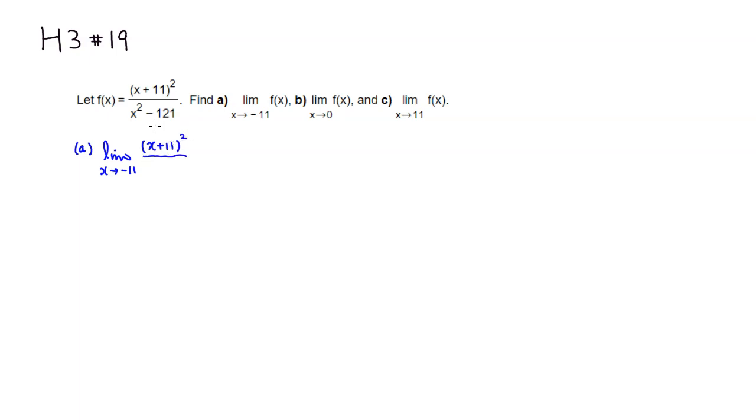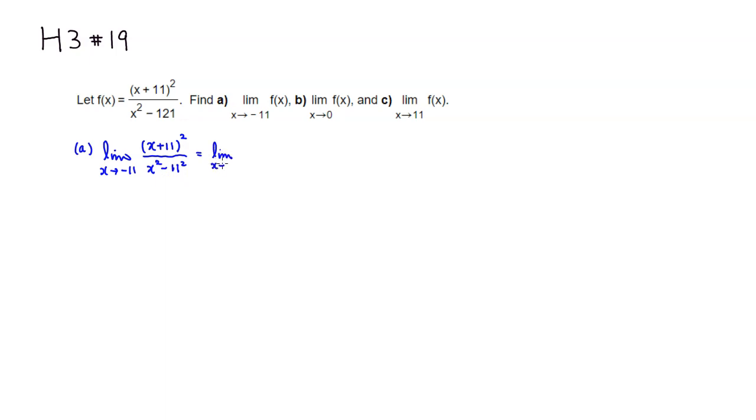I'm going to rewrite 121 as 11 squared, so you have x squared minus 11 squared. Since this is a difference of squares, we can factor it out.